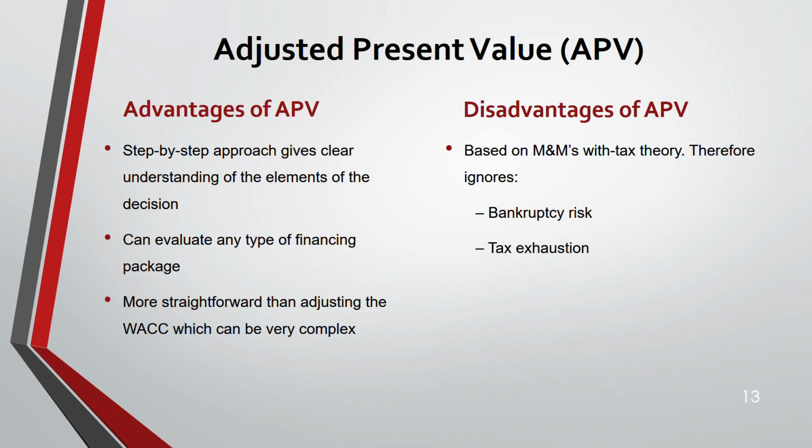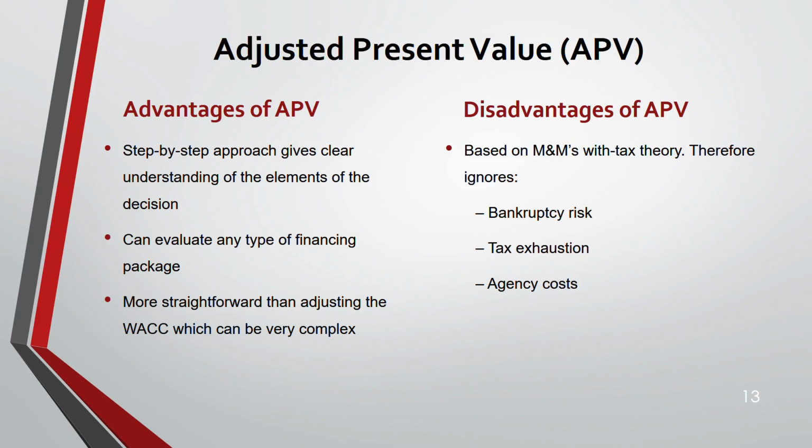Second, tax exhaustion. If you're tax paying, fair enough. But if you are not in a tax paying position, having more debt will not give you any benefit. After a certain point, the risk is greater than the benefit of reduction in tax. Agency cost, right?